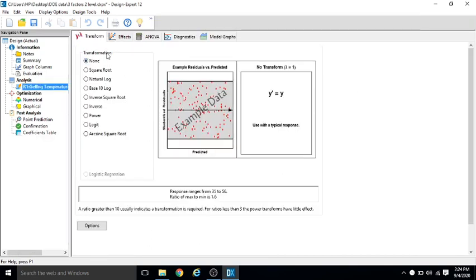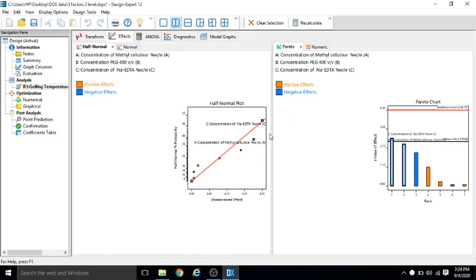Now coming to the analysis part. When you click on analysis, again you need not select anything. Go to the effect. In effect, you can see that concentration of sodium EDTA is the more prominent factor. It is having more effect on gelling temperature compared to the concentration of methyl cellulose, right?